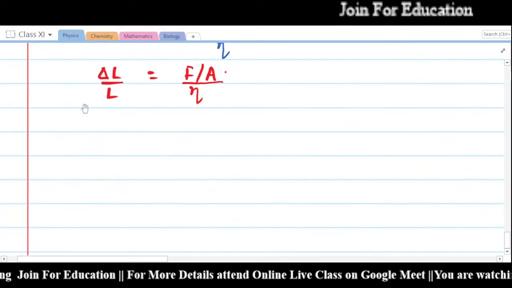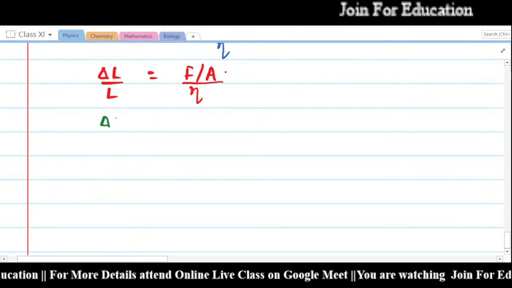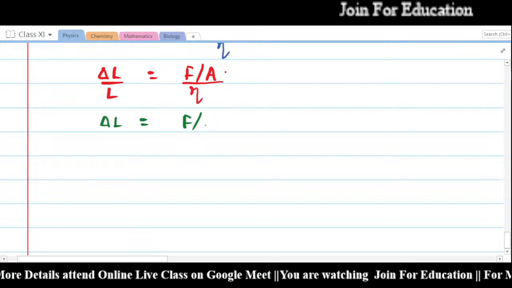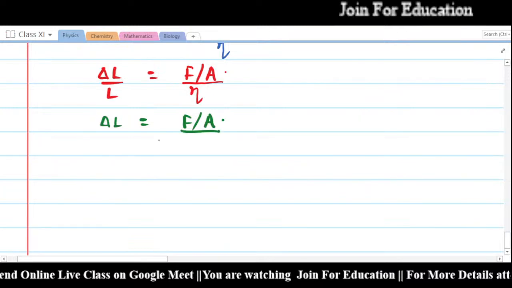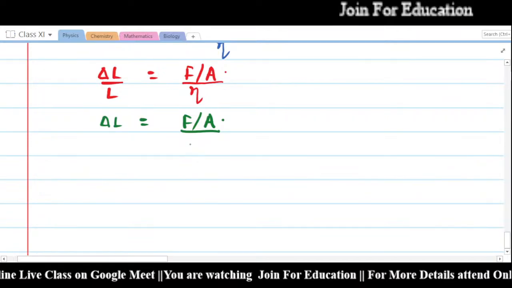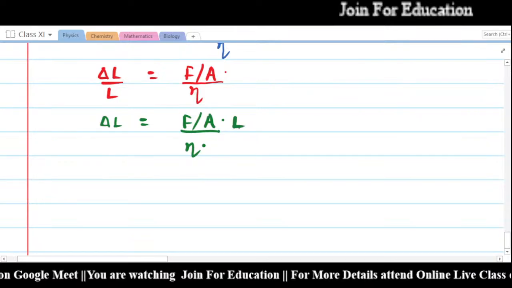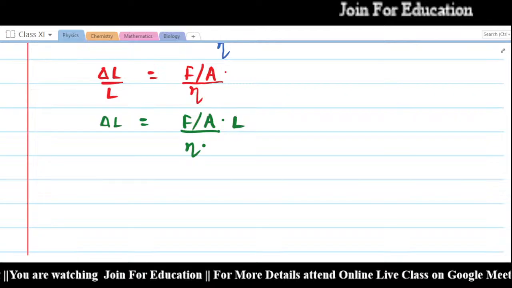Therefore, here del L equal to F by A into 1 by eta into L. There is no problem to understand up to this step.